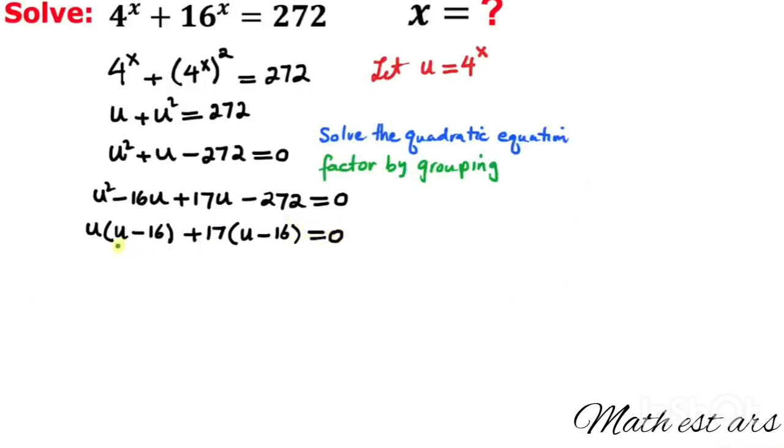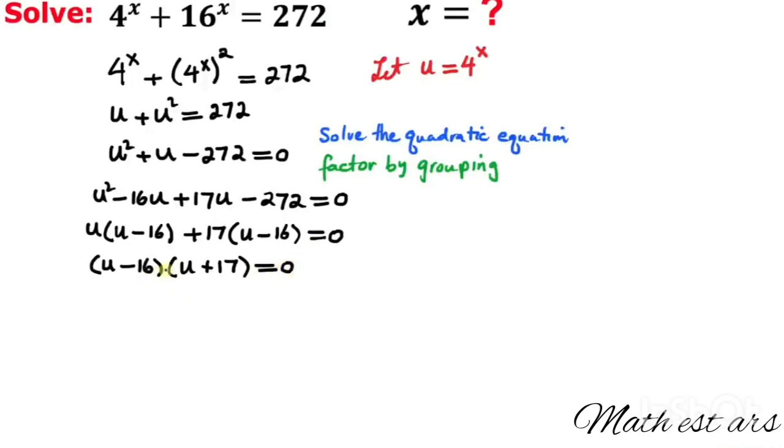Now we can see that (u - 16) is common, so let's factor that out. This could be written as (u - 16)(u + 17) = 0.